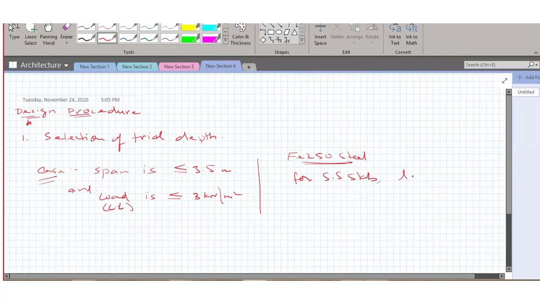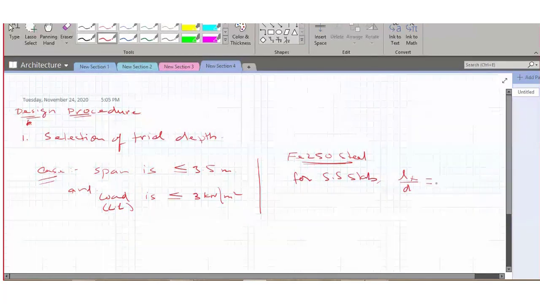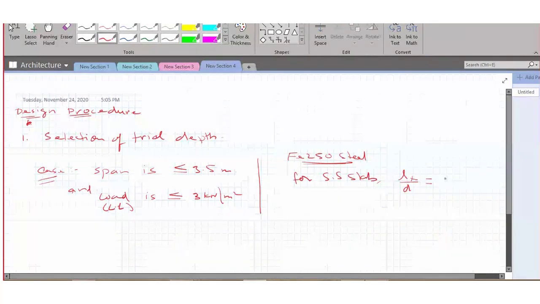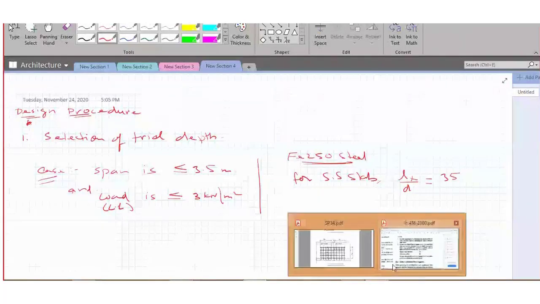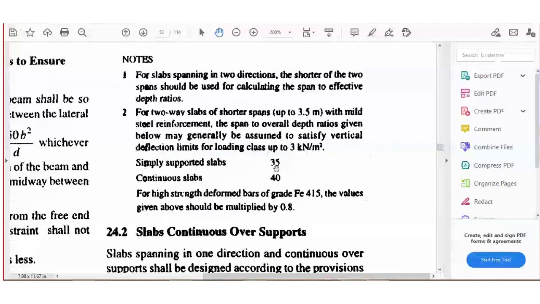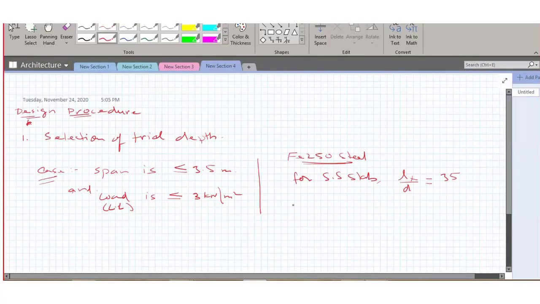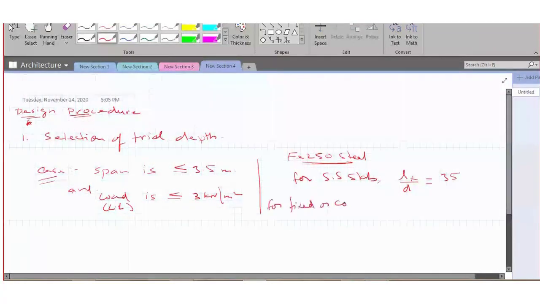And if you have a continuous slab, meaning fixed or continuous slab, the span to effective depth ratio will be 40. This is for Fe250 steel.